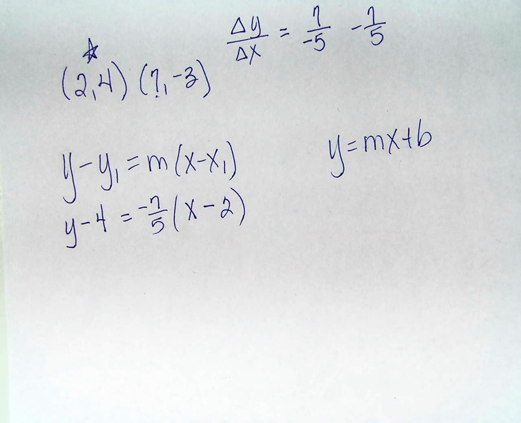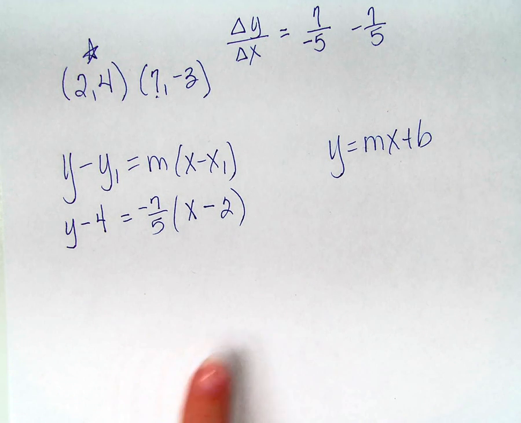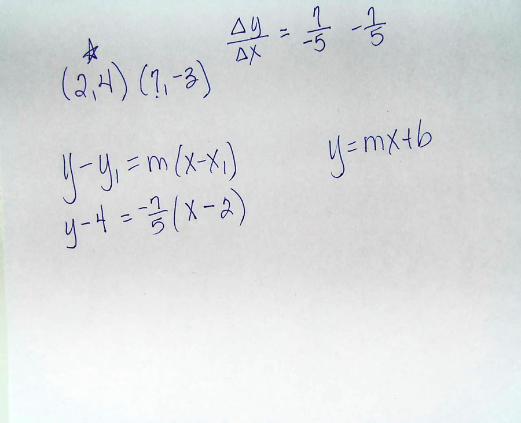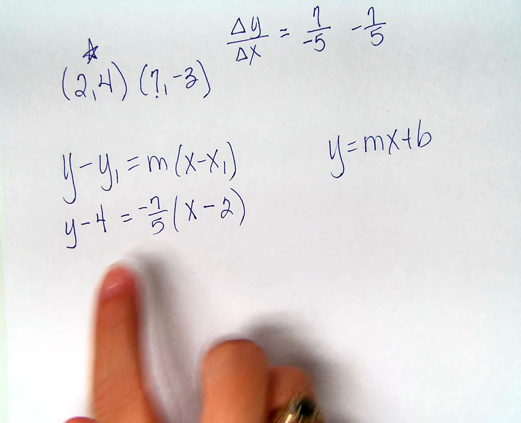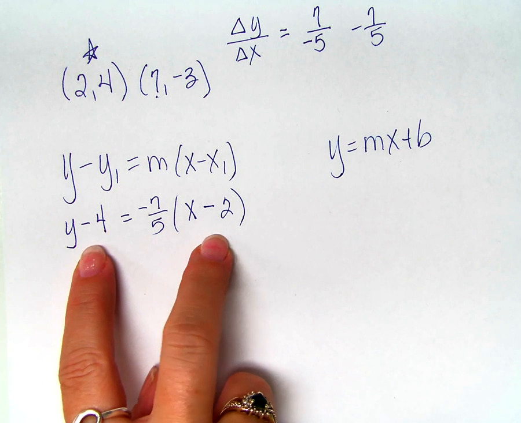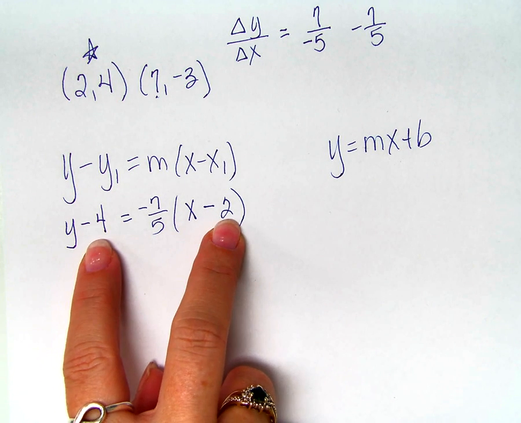Well, honestly, it depends on your directions. If your directions are find the equation of a line, you're done. This is a perfectly acceptable equation of a line. It's just in point-slope form. When we do transformations of lines, we usually talk about them in point-slope form because it gives us good information. You can look at this right now and tell what the slope is and tell a point that it passes through, 2, 4.